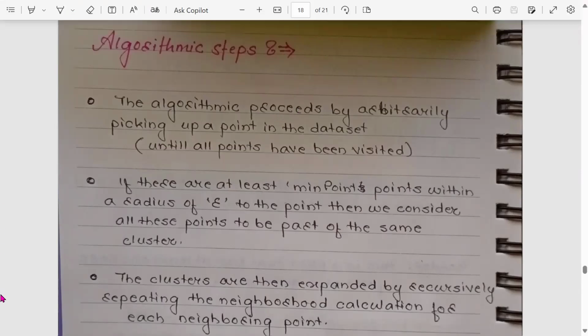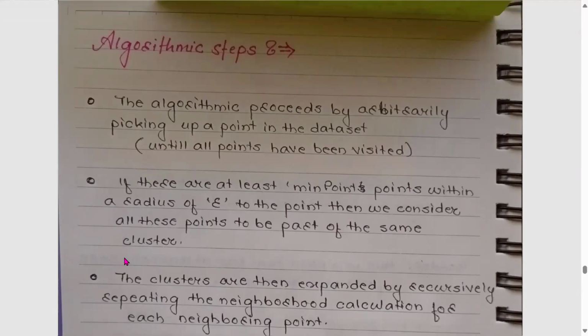If there are at least minimum points within a radius of epsilon to the point, then we consider all these points to be part of the same cluster.